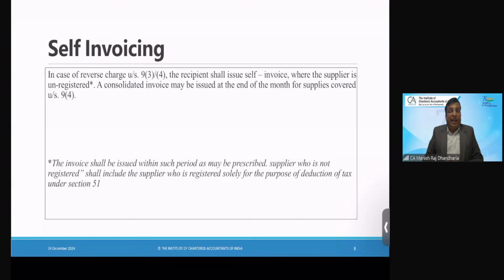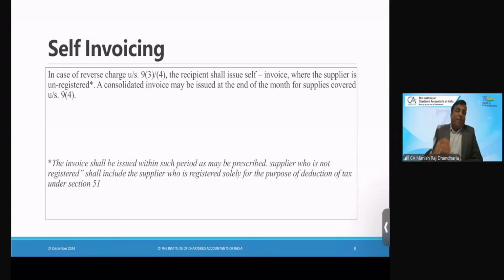If you can recall, under section 16, conditions are mentioned. When can you take the credit? And one of the very important conditions for taking the credit is you should possess a tax invoice. आपके पास क्या होना चाहिए? Tax invoice होना चाहिए. Okay.